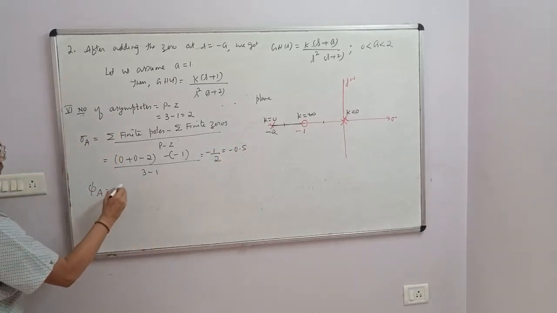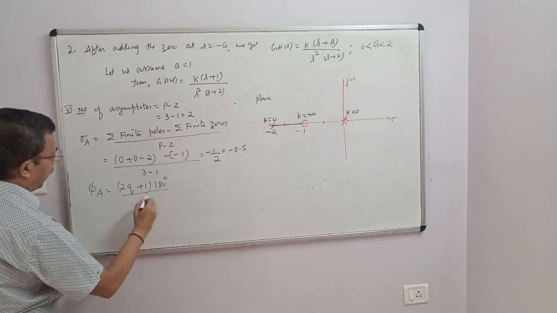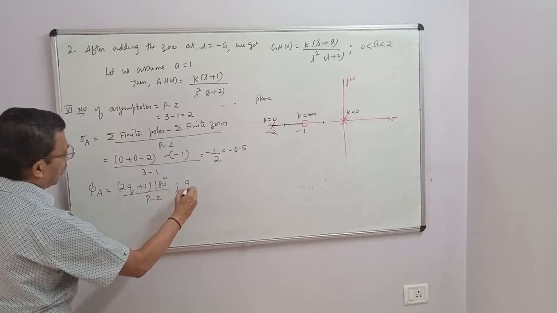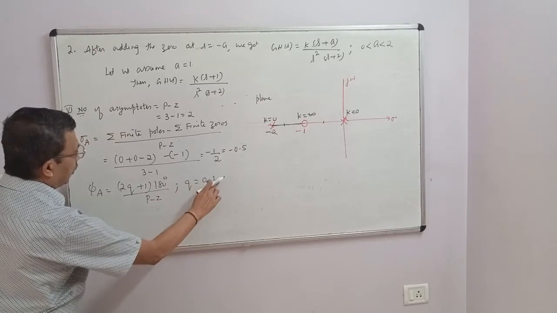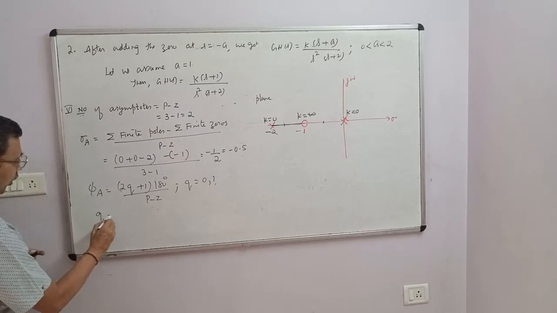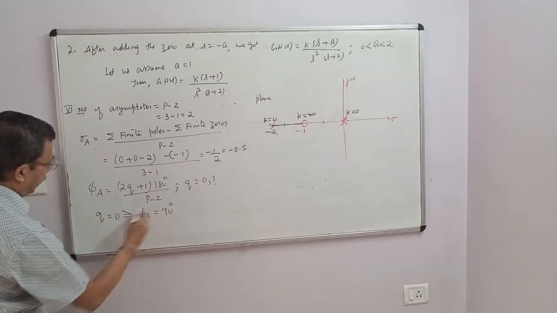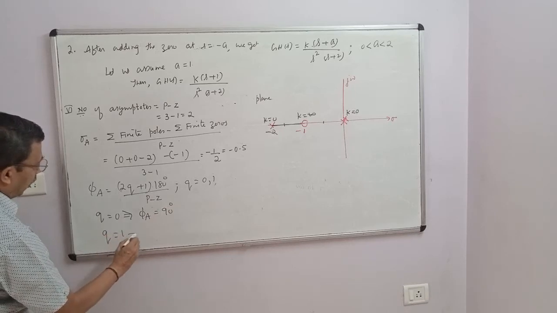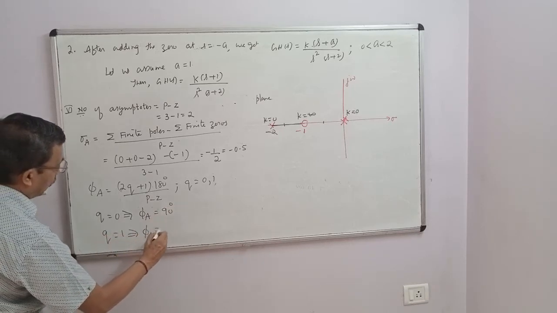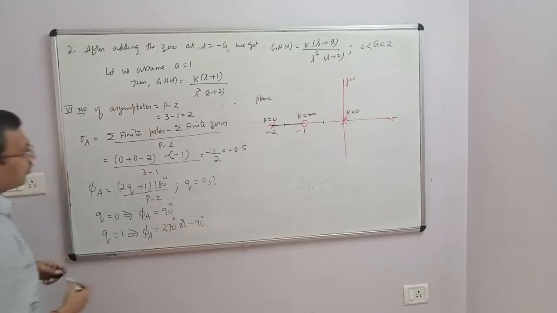Phi a is equal to 2q plus 1 into 180 degrees divided by p minus z. Q takes values 0, 1. Q takes only two values because there are only two asymptotes. Q equal to 0 implies phi a is equal to 90 degrees. Q is equal to 1 implies phi a is equal to 270 degrees or minus 90 degrees.